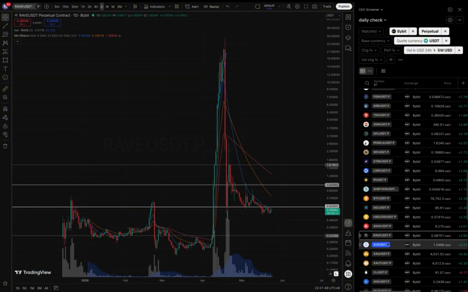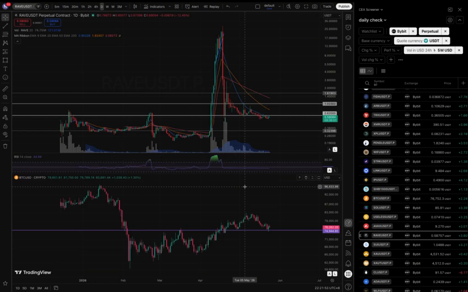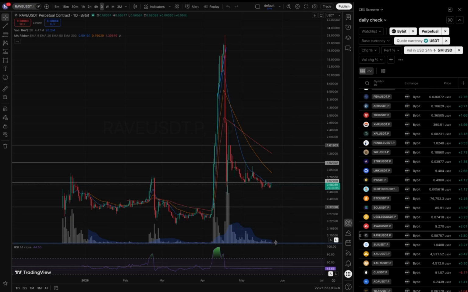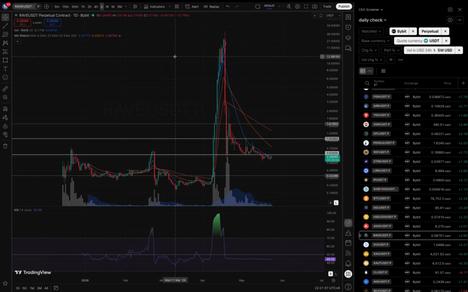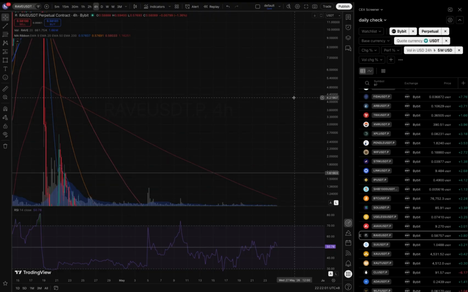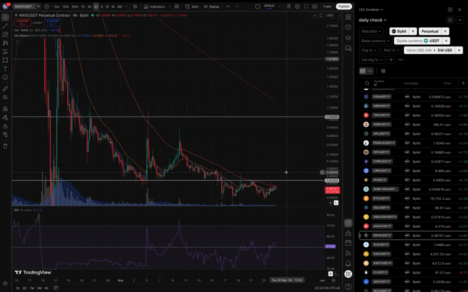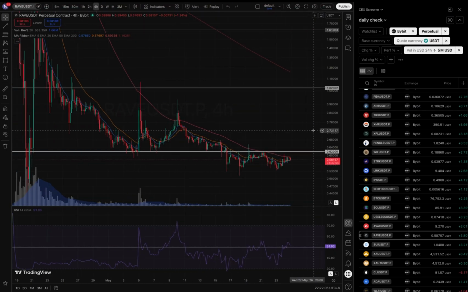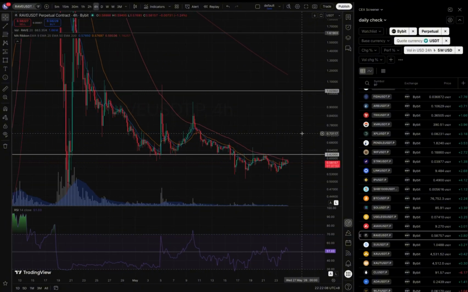Rave. Trying to go up. Let's check the RSI. Let's delete this. RSI is flat. Above 50 here. Just trying to make its way up again. Yeah, lower highs.